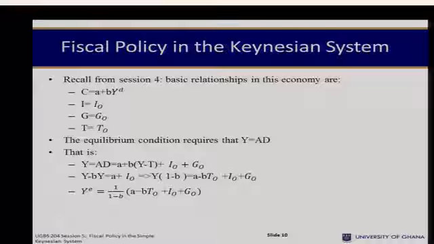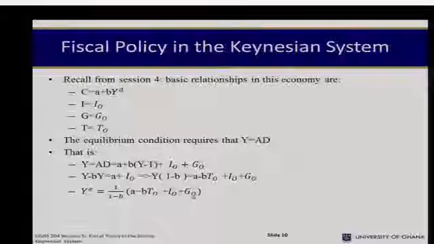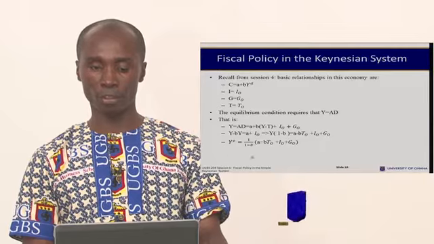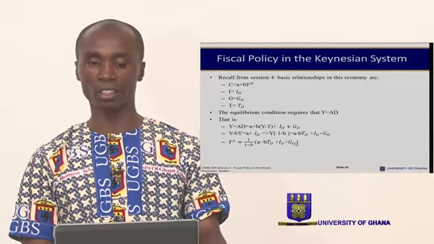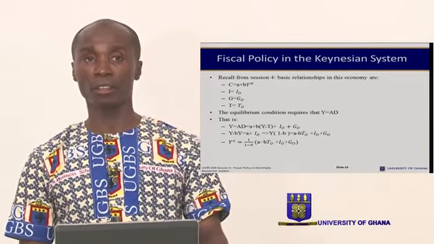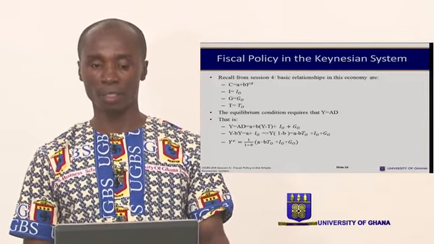So we are talking about A0, T0, I0, and G0. When we study fiscal policy, we are going to try and understand the effect of change in T0 and then also G0 on the level of equilibrium income.